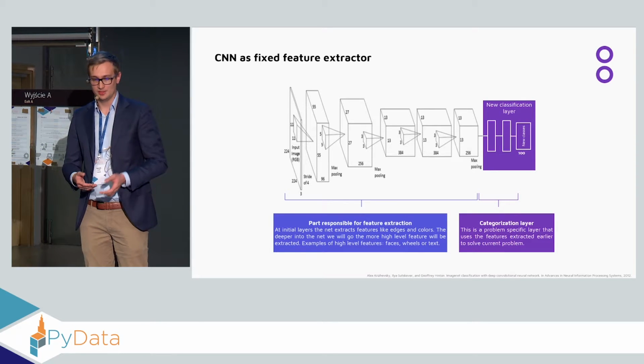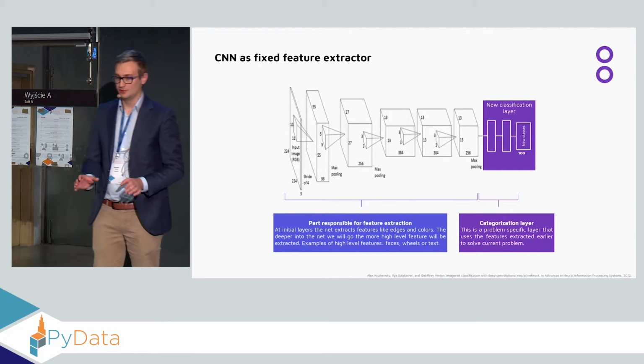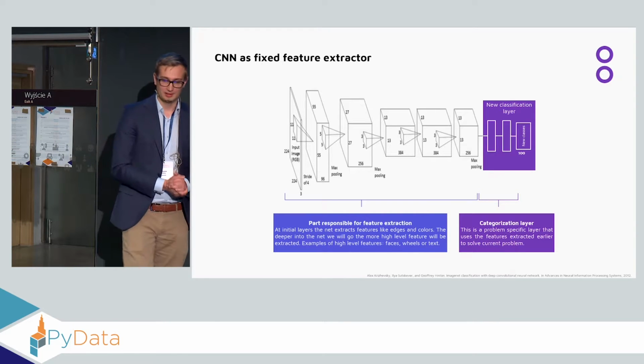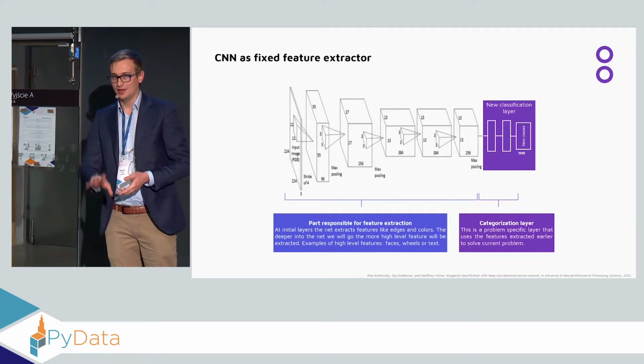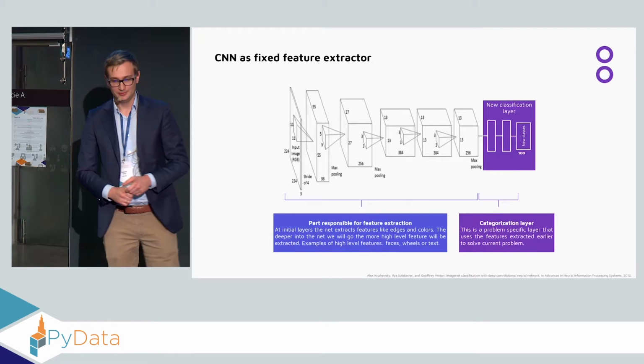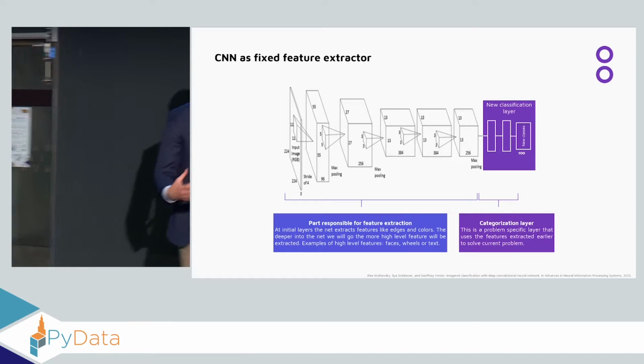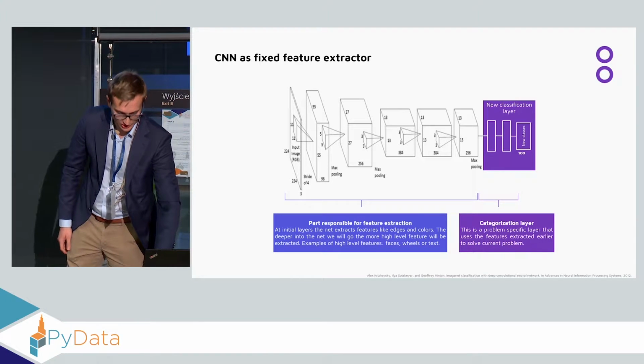Then we would be using this as a fixed feature extractor. So we are not changing the features. So, for example, a feature could be a nose, an eye, a wheel of a car, and so on. And we are only trying to solve a problem using those features.